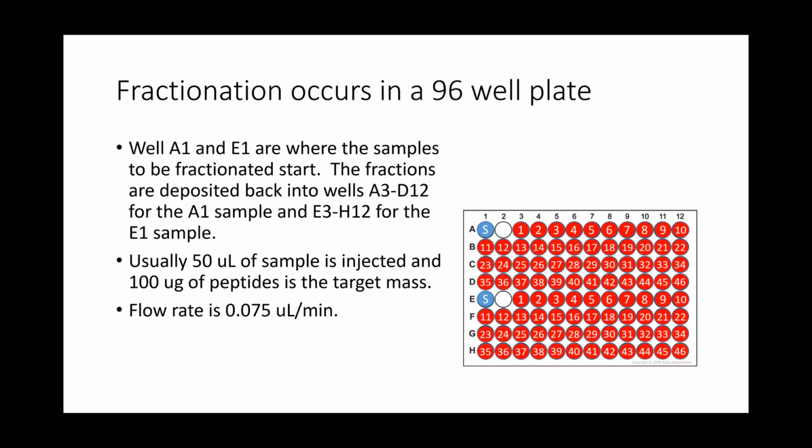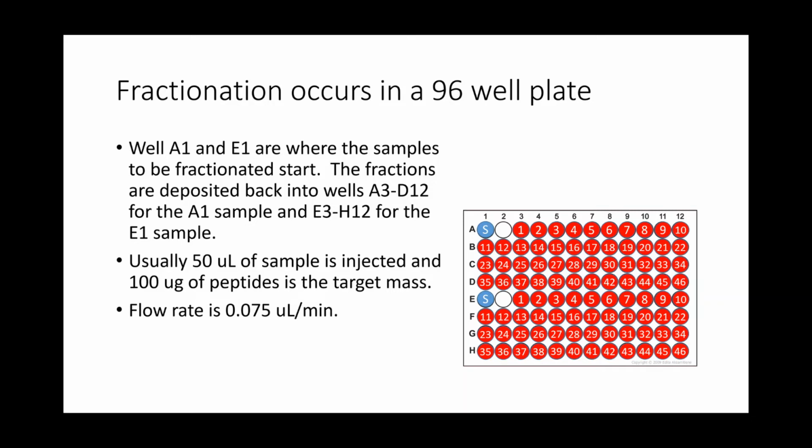Again, fractionation occurs in the 96 well plate. The sample starts off in sample A1, and the fractions for our particular sample collector actually come back out the same needle that the sample came in, so it has to undergo some washing steps.